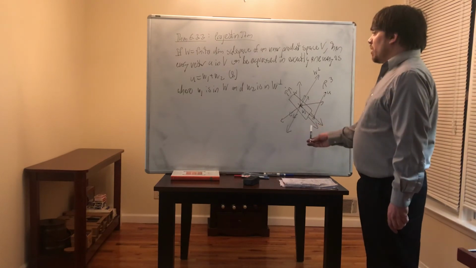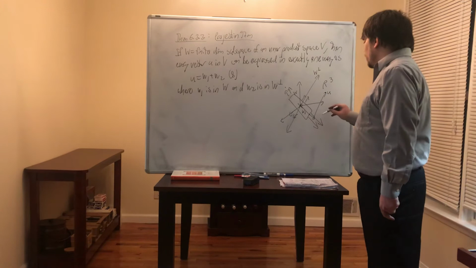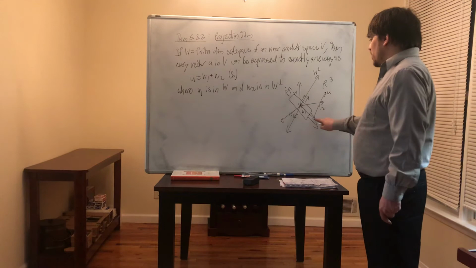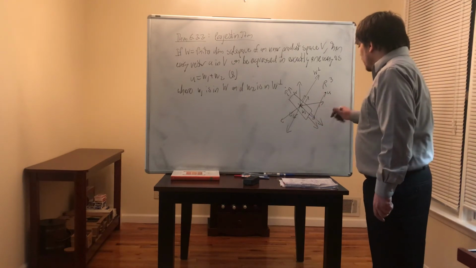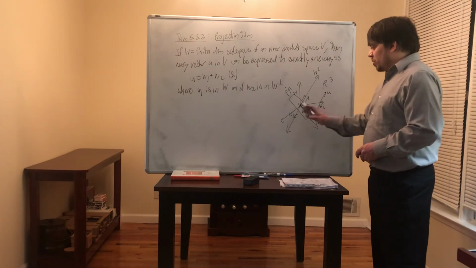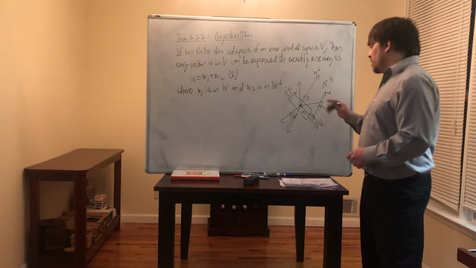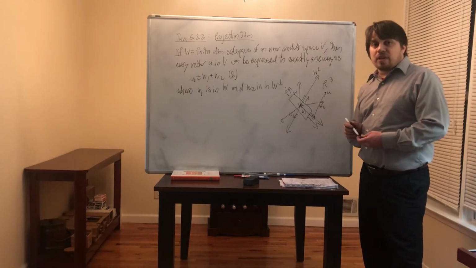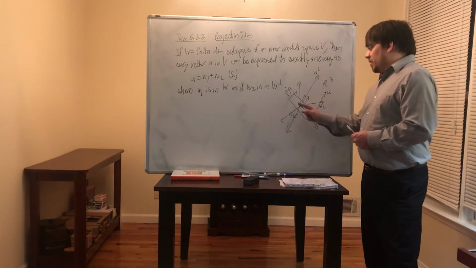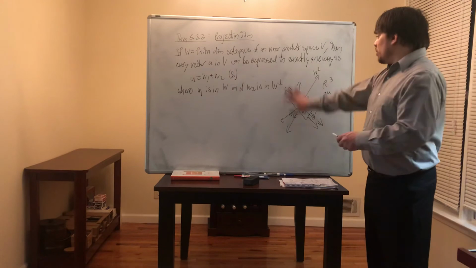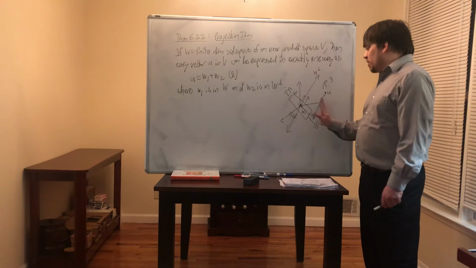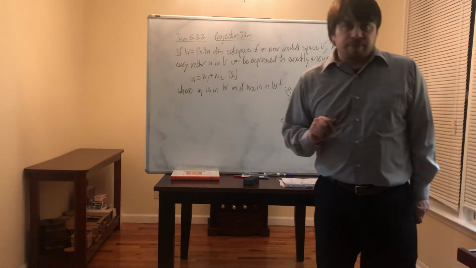That would be W1 is in W, and W2 is a vector on this line that's translated so that the initial point, instead of being at the origin, is at the terminal point of W1. And that would be W2. Okay? So this W1 and this W2, these two vectors are orthogonal because one is in W, one is in the orthogonal complement of that subspace W. And W1 plus W2 is that vector u. So any vector u in R3 can be expressed exactly one way as a vector W1 in the subspace W and W2 in its orthogonal complement.